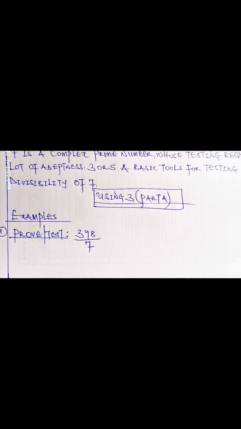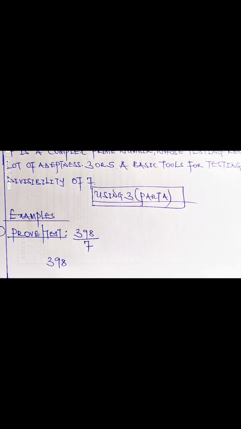The first thing you have to do is write out your 398. When you write out your number, the next thing is to mark off the last digit.